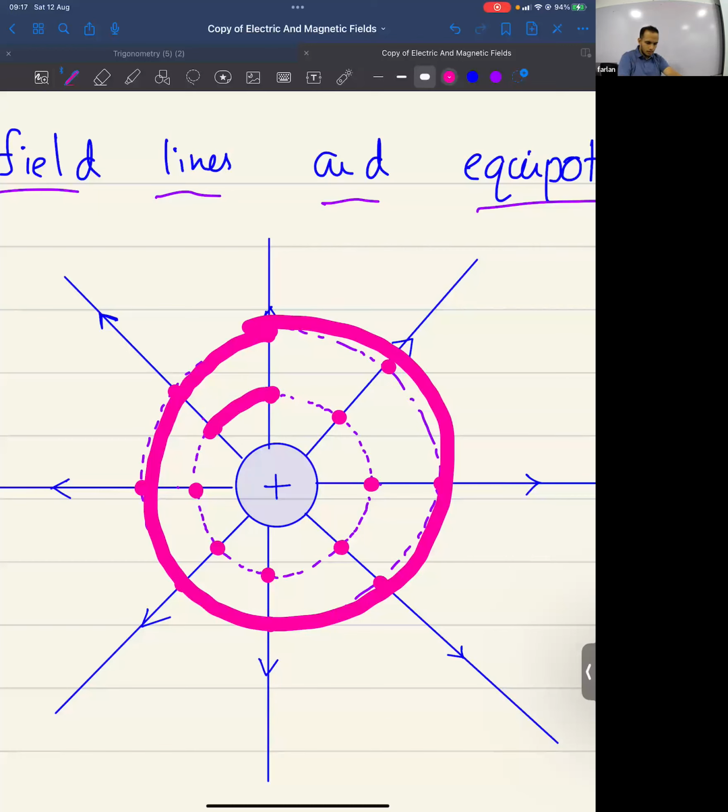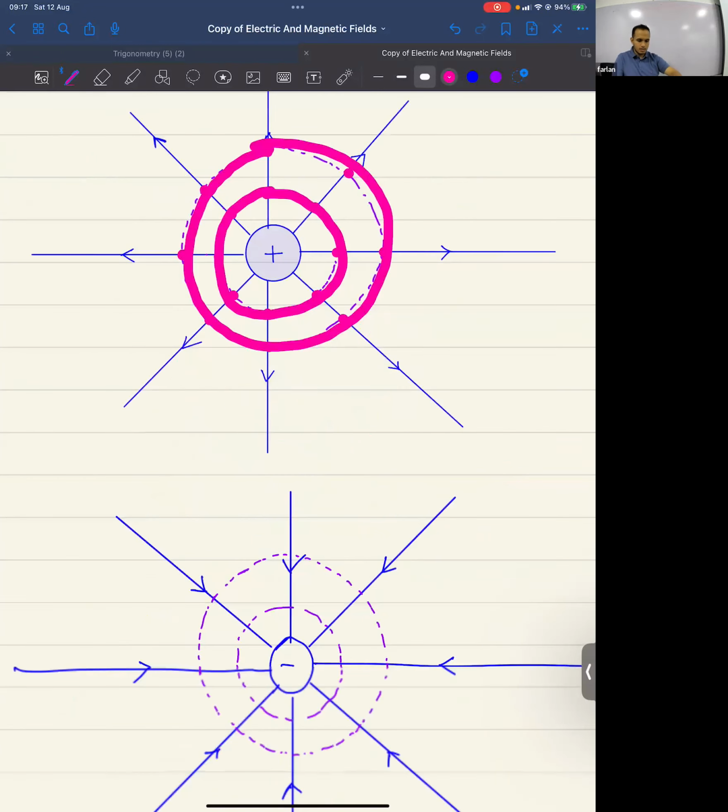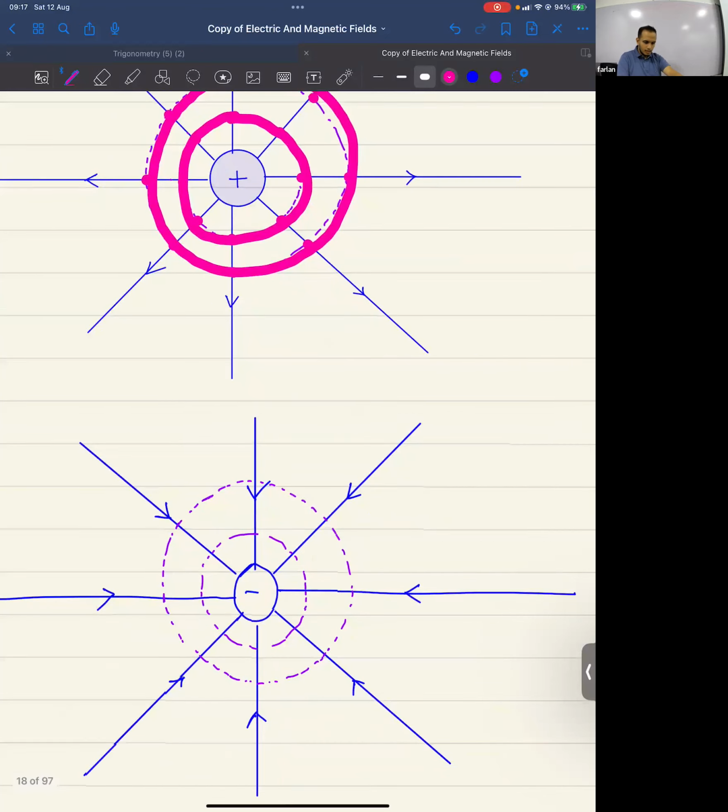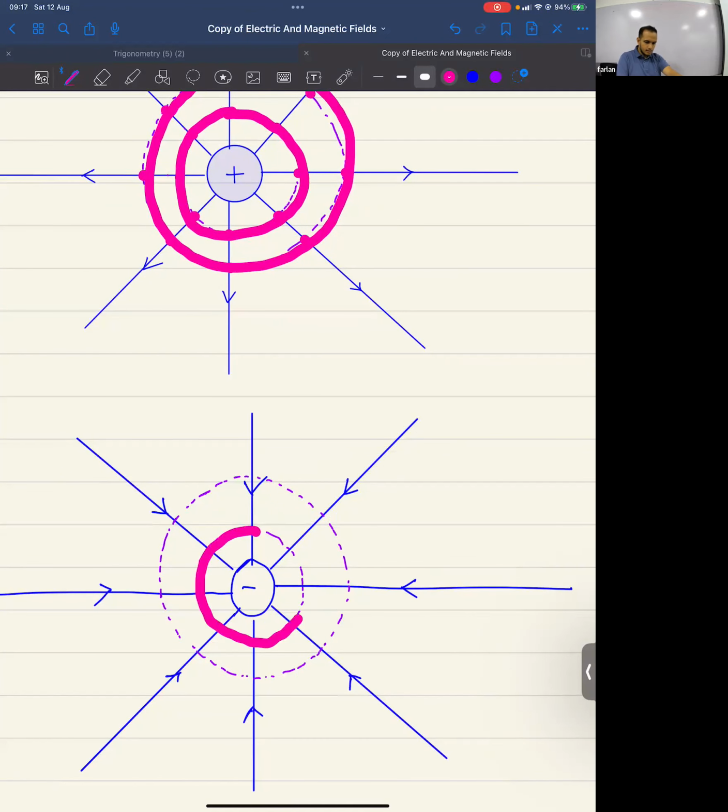So that will again be an equipotential line. For a positive charge or a negative charge, it will basically be a radius. You can draw any number of equipotential lines. At equal distance, the potential will be equal. So the curve which connects those points is what you call an equipotential line. Can you please take it down?